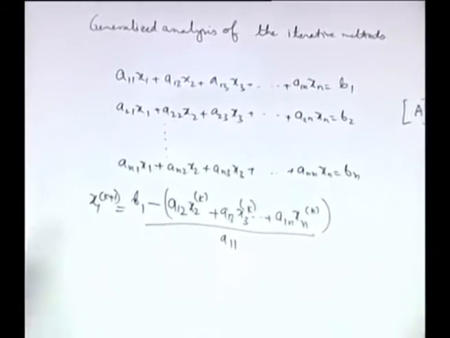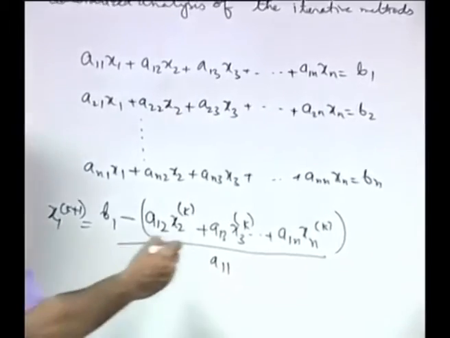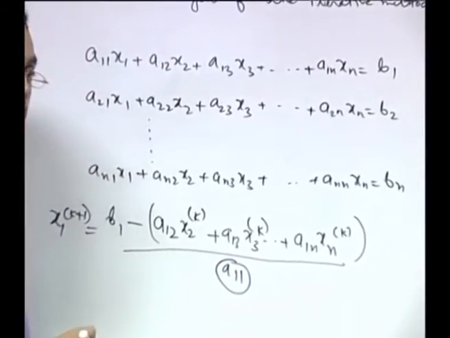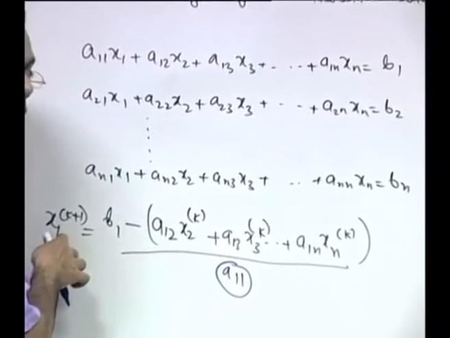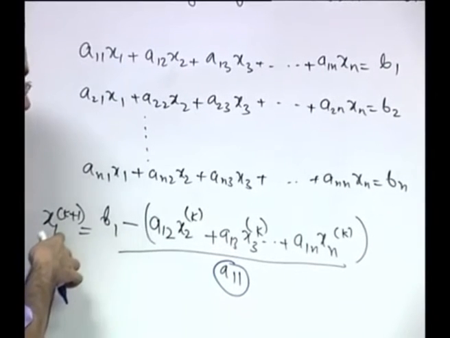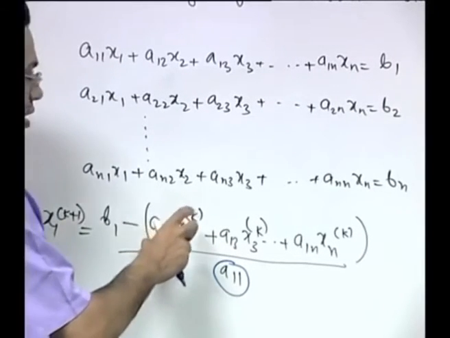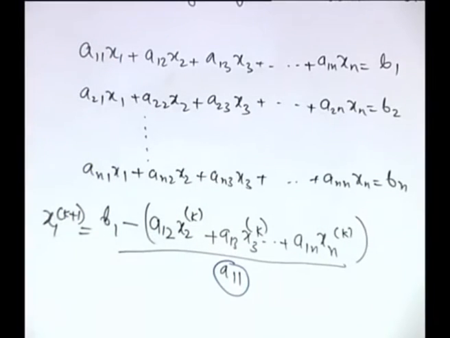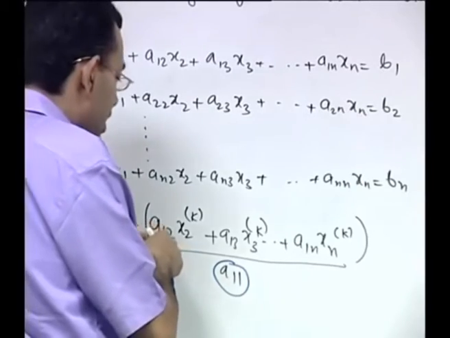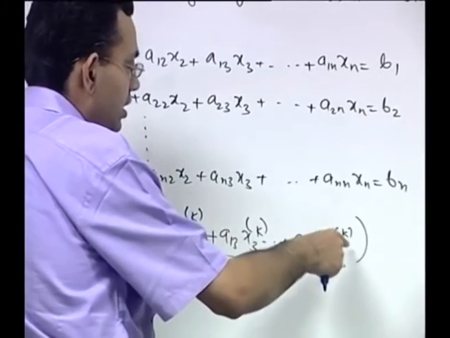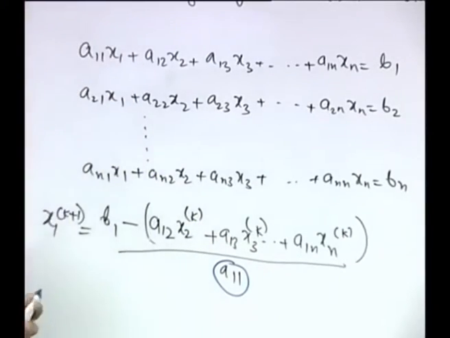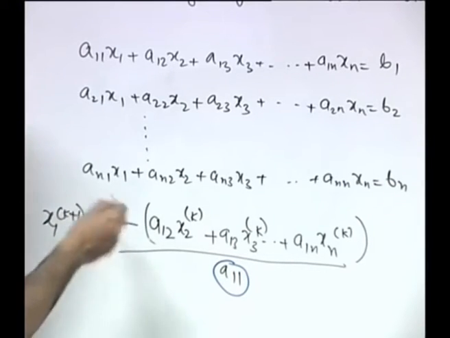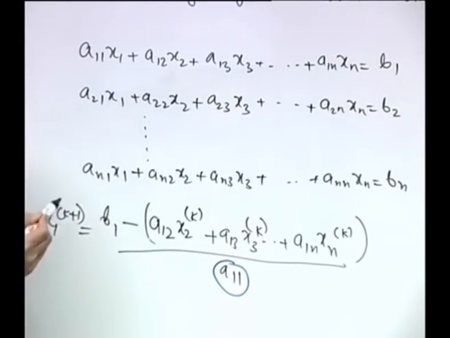So, you can see that in the formula the diagonal element A11 gets multiplied with the variable that you are interested to solve, and the off diagonal terms are distributed in a certain way. So, in the first step all the off diagonal terms are there together. The next step will differ based on whether it is Jacobi's method or Gauss-Seidel method.